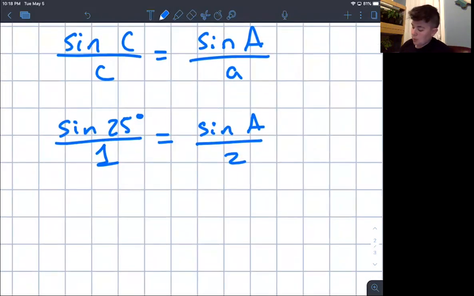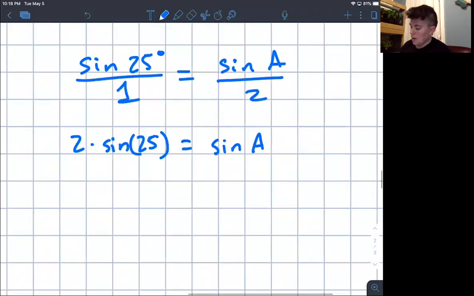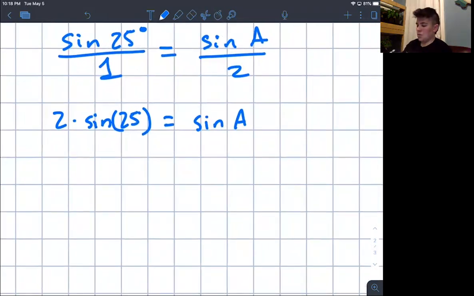Cross multiplying, it's 2 times the sine of 25 degrees equals 1 times the sine of A, which is just the sine of A. So 2 times the sine of 25 is 0.845, equals the sine of A.